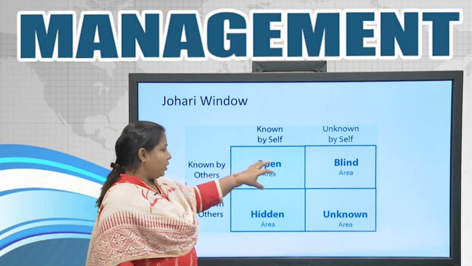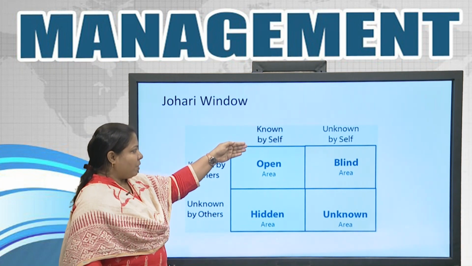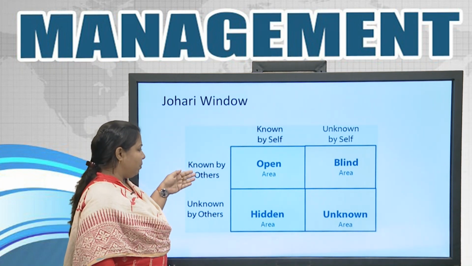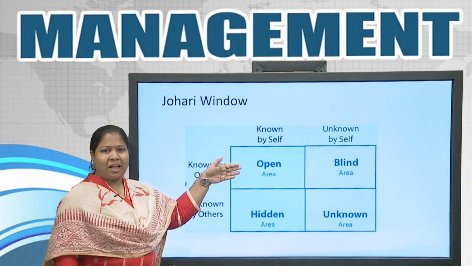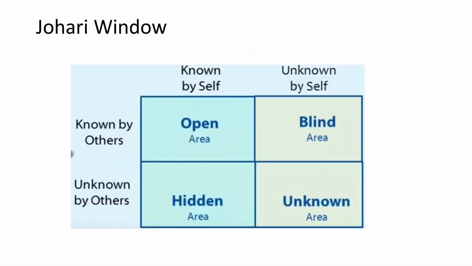Here, you can see the 4 quadrants. First is known by self and known by others, means the area of your life which is open, which is known by others.